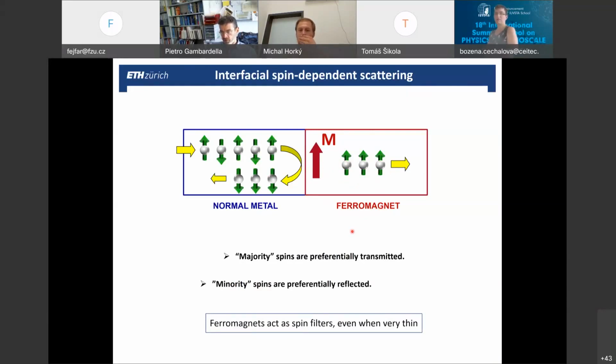Okay. So when a current from a non-magnetic metal is injected into a ferromagnet, you have a spin filtering effect. And so some spin down electrons are reflected and only spin up electrons are transmitted.